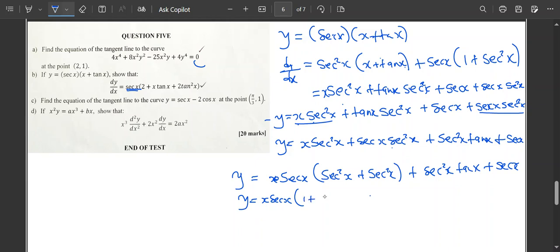So I'll say 1 plus tan squared x, that is sec squared, again another 1 plus tan squared x. Okay, so that's the meaning there. I'll leave it like this.